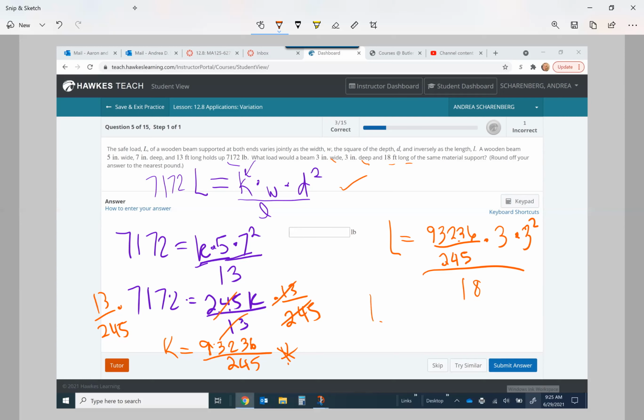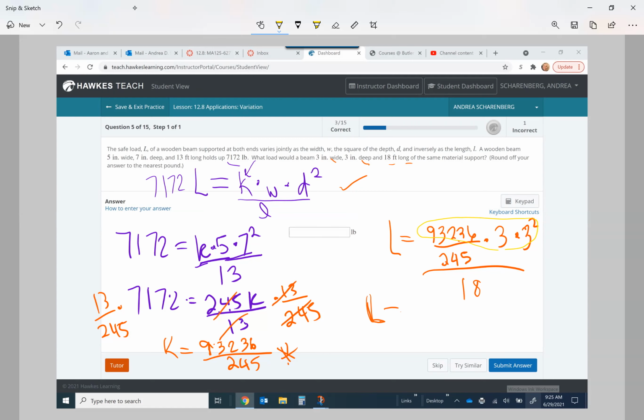And here's how I did it. 3 times 3 squared is 9. 9 times 3 is 27. I took 27 times the 93236 number. Then I divided by 245. Okay, so again, in my calculator, I took 3 times 3 times 3 times 93236 equals.